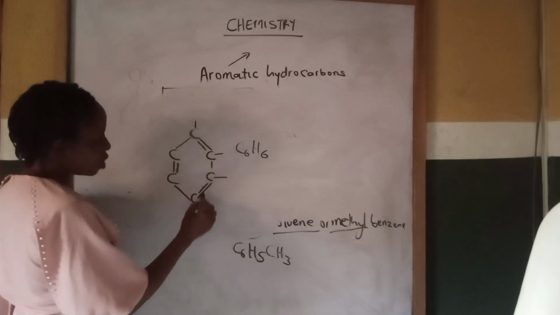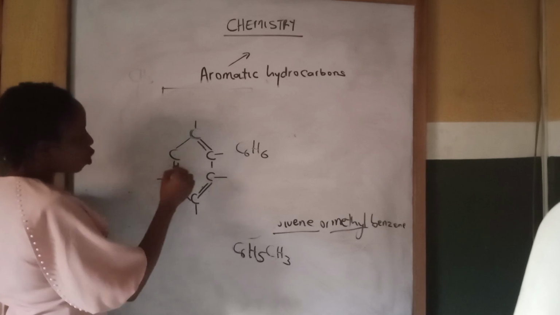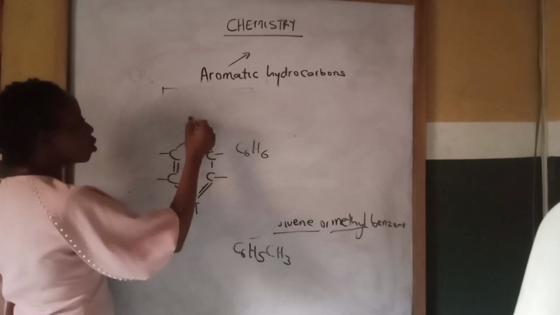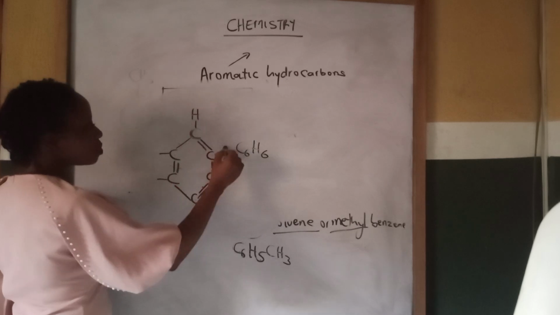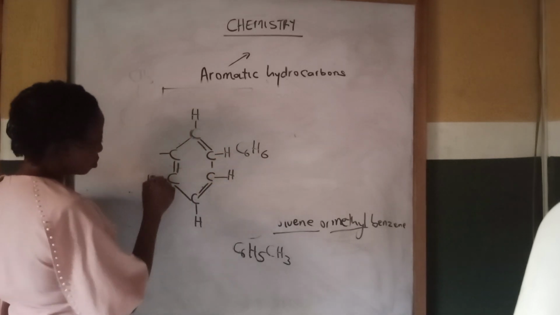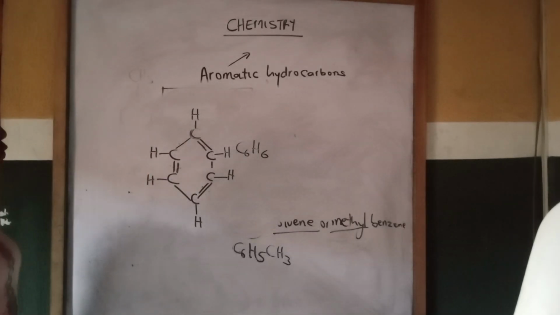You have to add one there. 1, 2, 3, 4. So then you bring in your hydrogen atoms. So this is the structure of benzene according to August Kekule.